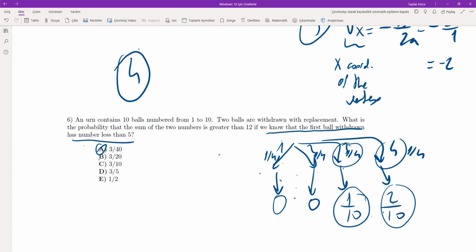Is that clear? The probability of a 3 is 1 over 4. Oh, okay. Yes, exactly.